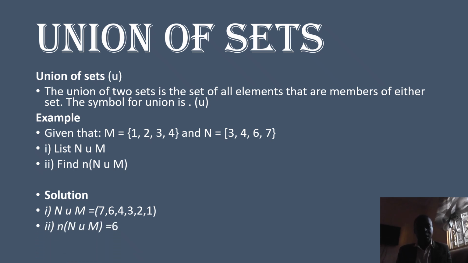In other words, it's like bringing all these elements, minus repeating them, into one set. Lastly, we are told to find the number of N union M, and it's just a matter of counting the ones that we have already listed above, which are, in this case, 6.